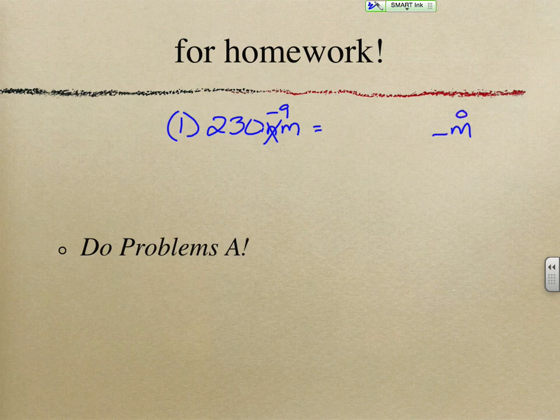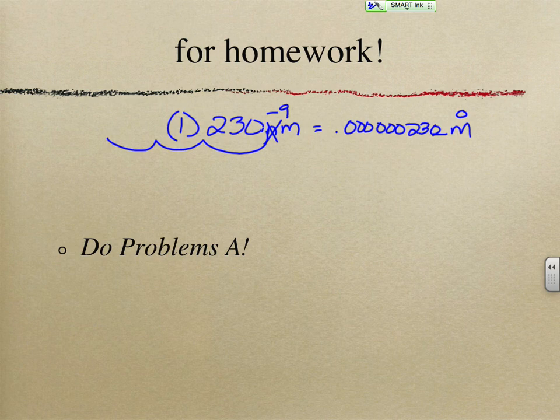So with base units, I'm always going to go to 0. Going from -9 to 0 got 9 bigger, so this number needs to get 9 smaller. So this is going to be 3, 6, 9. How many zeros are going to be at the beginning? 6. So it's just going to be 0.000000230. That's how you do the first one.